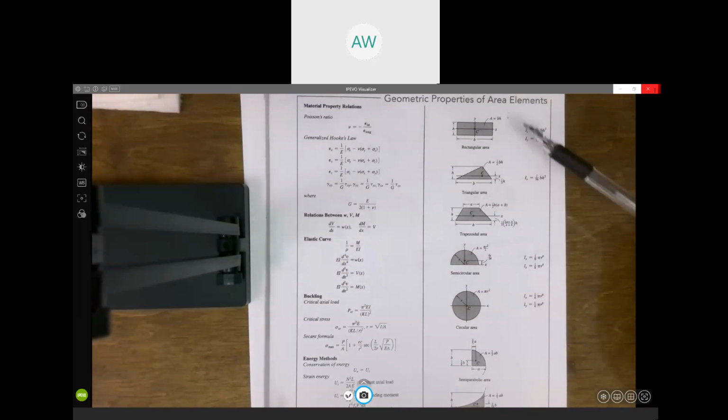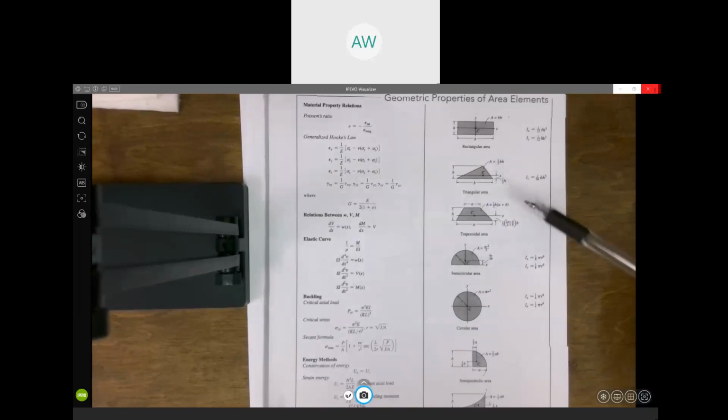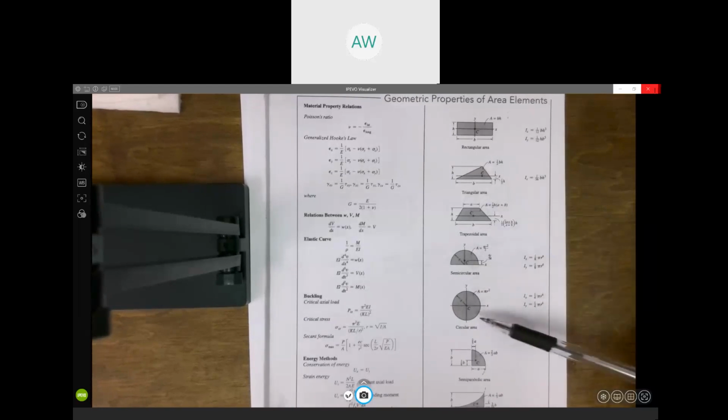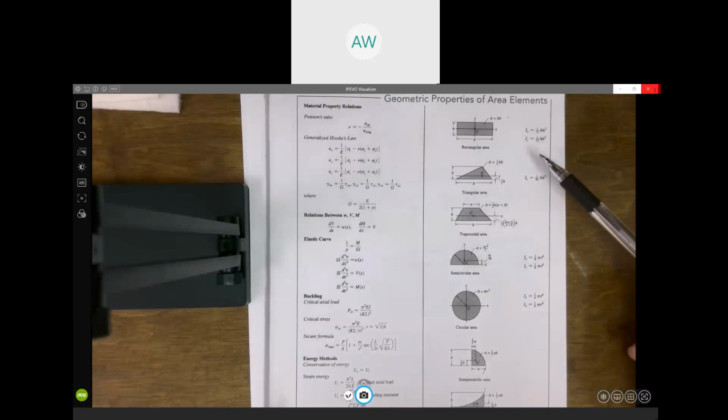And over here on the right side, you'll see these common shapes. You've got rectangles, triangles, a trapezoid, semicircle, circle. They even give you a couple of parabolic shapes down here. Again, probably not going to see anything like that on a cross section of a beam, but hey, it's in there. So that table is in the front of your book, and over here to the right, you'll see formulas for moments of inertia about these axes.